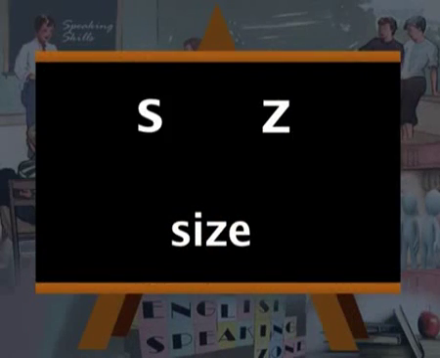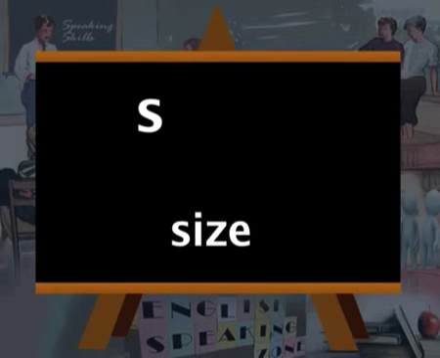And in producing this, we have to make a lot of friction in the airstream. The next pair is S and Z. The first one is a voiceless sound, S, and the second one is a voiced sound, Z. If you take a word like S-I-Z-E, size, you have the S sound initially and Z sound finally.